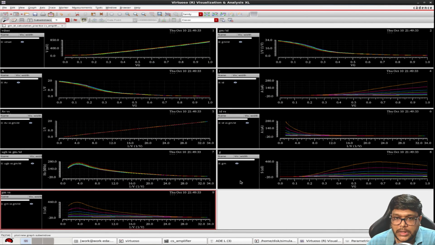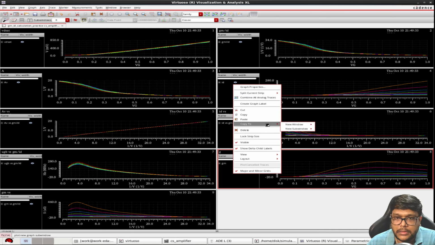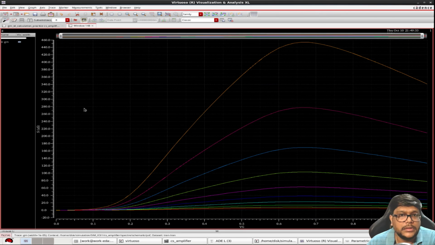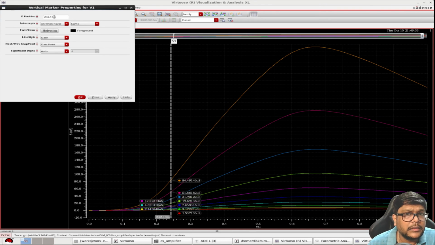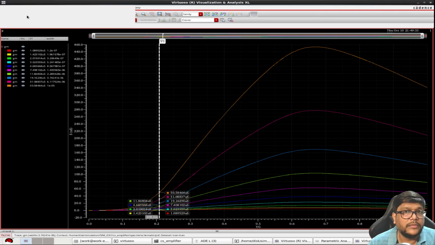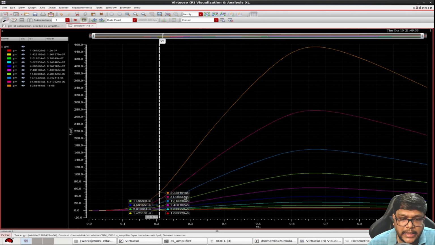So the most important thing I need is this one. We can see all this width variation. So for VG 208 millivolt, I need more GM, meaning 63. So the maximum I'm getting is 50.